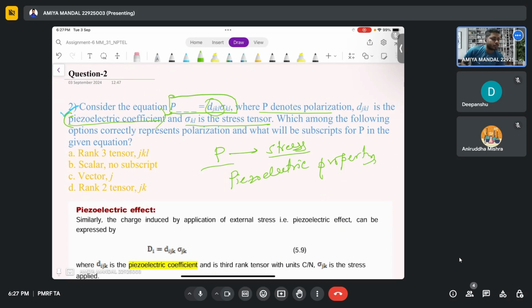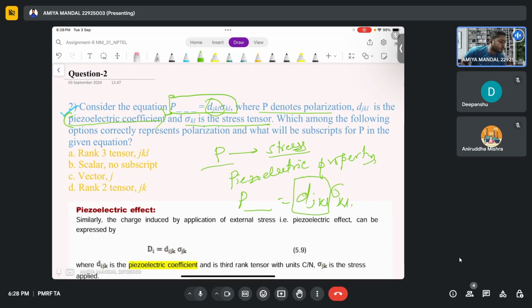So how are they related? You can easily say what the rank of P will be just by seeing the equation: P_i = d_ijk sigma_jk.